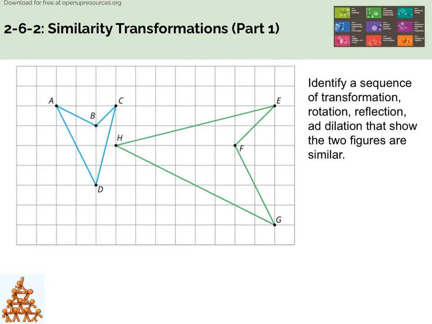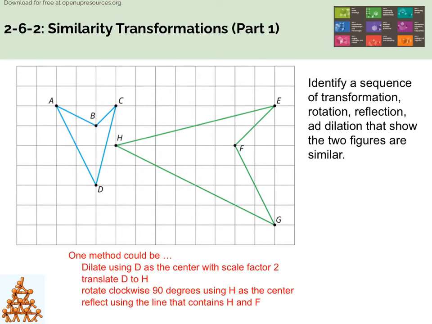So I have these 2 figures, and it says identify a sequence of transformations, which are rotations, reflections, and dilations, that show 2 figures are similar. The blue one is smaller than the green one. As you notice, I went ahead and answered this. One method could be to dilate using D as a center point with a scale factor of 2.